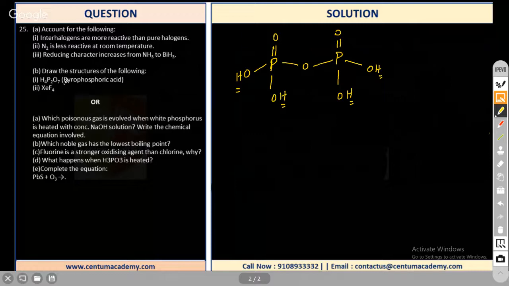Okay, octahedral or square bipyramidal is the geometry, and square planar is the shape.